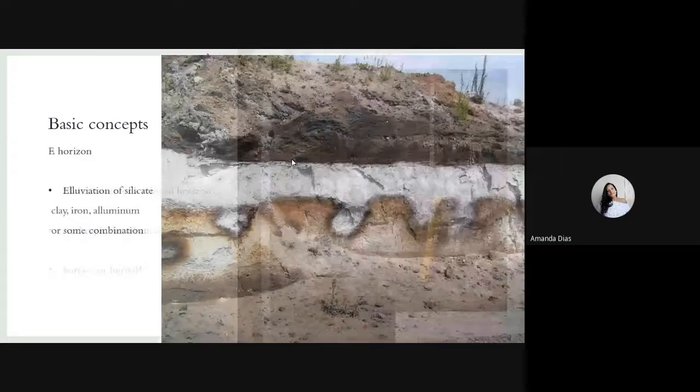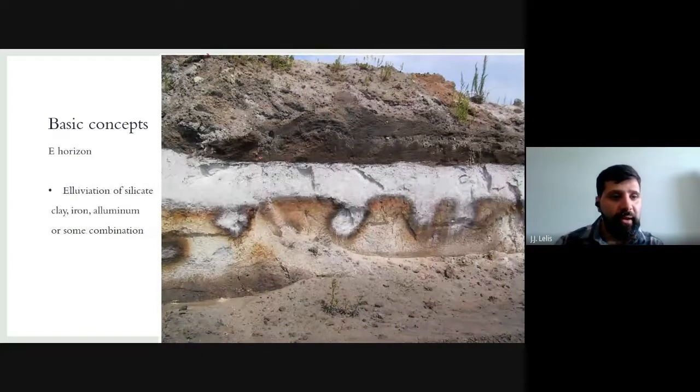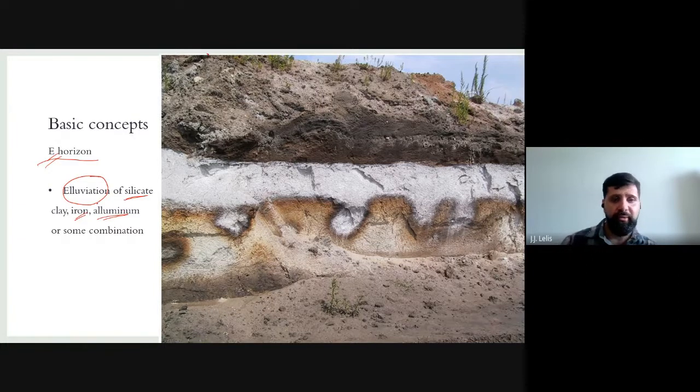Good, good. We have another one, an E horizon. An E horizon is formed by eluviation of materials. These materials can be silicate clays, iron and aluminum oxides, organic matter, or a combination of all these materials. As you can see here, very easily, you can see this irregular, transitional boundary between these horizons, okay?